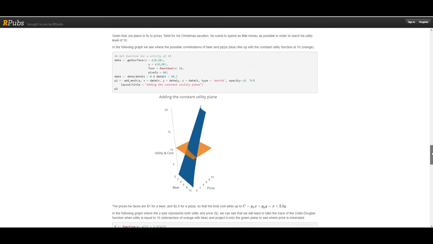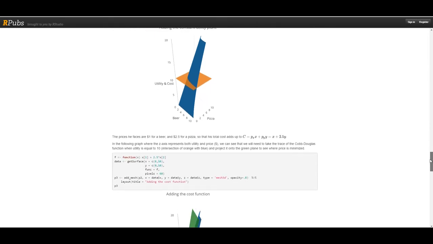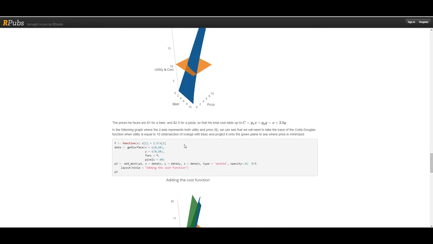Since Joe wants to spend his vacation on pricey Tahiti, he wants to spend as little money as possible on reaching his utility level of 10. The cost function he faces is given by this expression, where the price for one beer is $1 and the price for a pizza is $2.50.